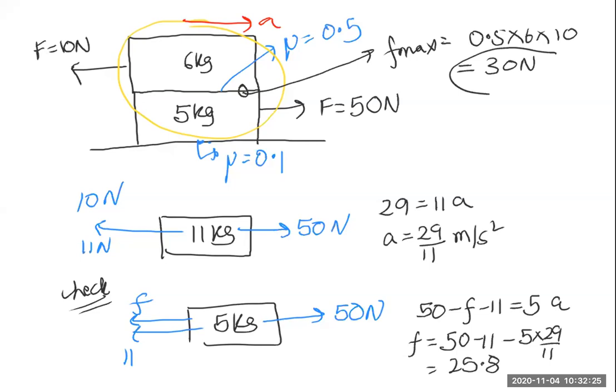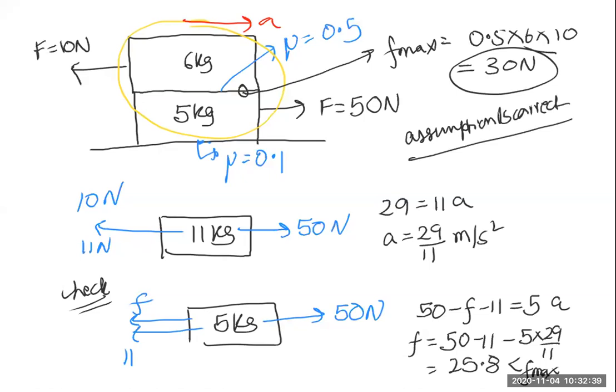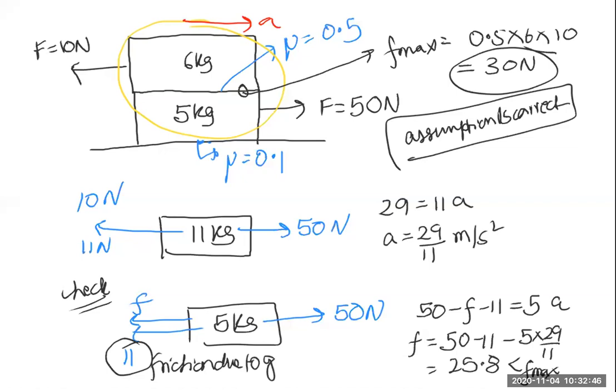But F max तो 30 है. So this is less than F max. This implies that the assumption is correct. Friction due to ground. Yeah, so they will move together absolutely, and the acceleration will be 29 by 11 meter per second square.